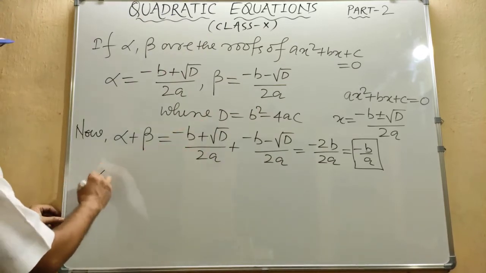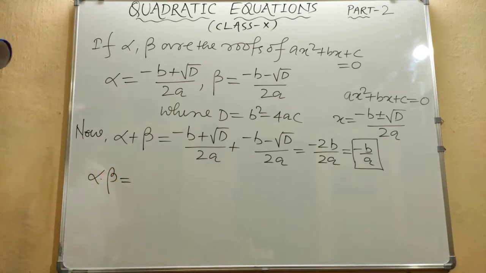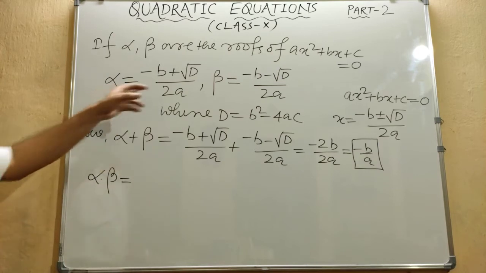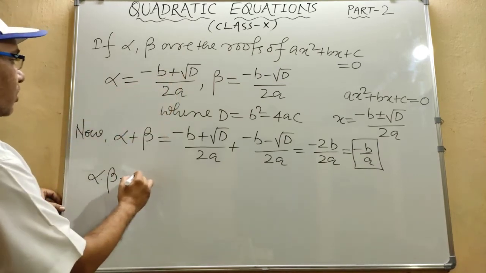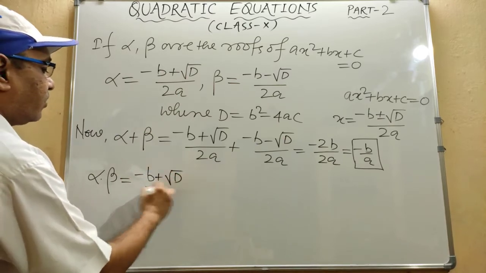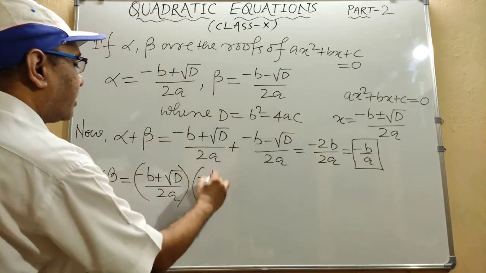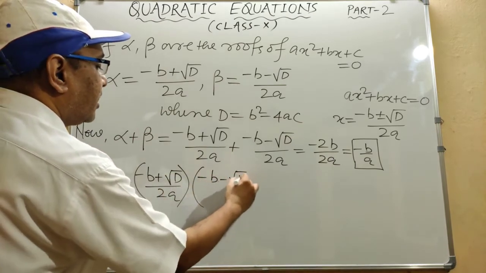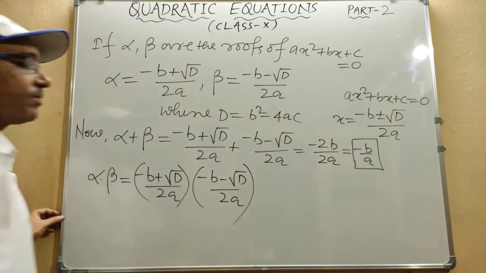Also you should know about the product of roots. What is alpha into beta? Alpha into beta means their product. Let us find it. Your first root alpha is minus b plus root d by 2a and beta is minus b minus root d by 2a. These are the two roots. Let us multiply them.